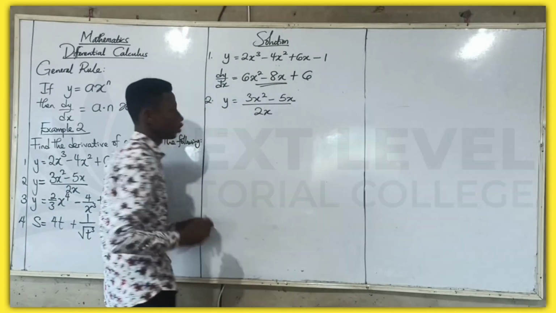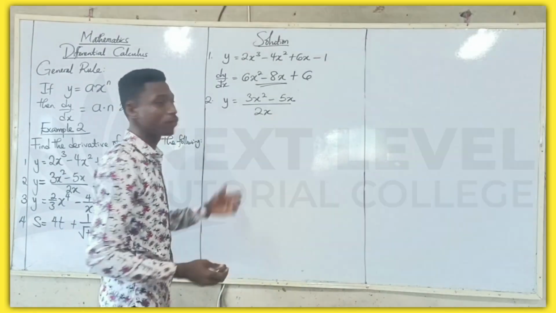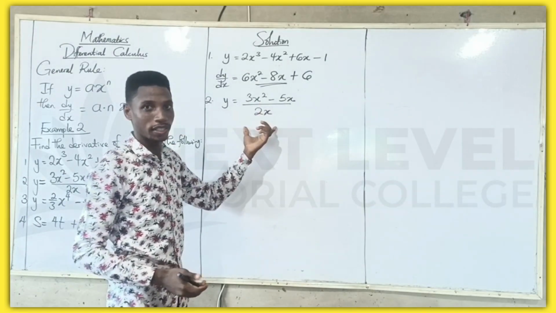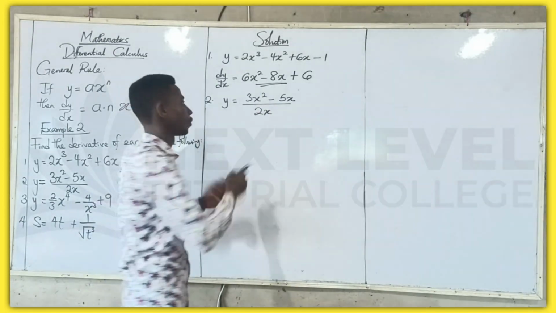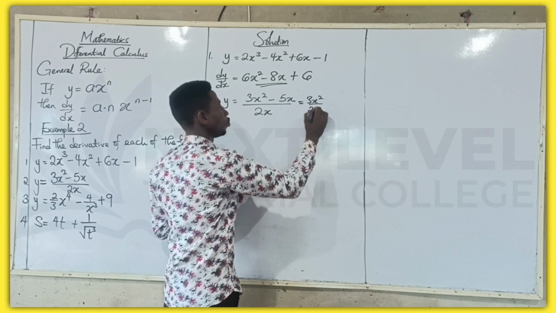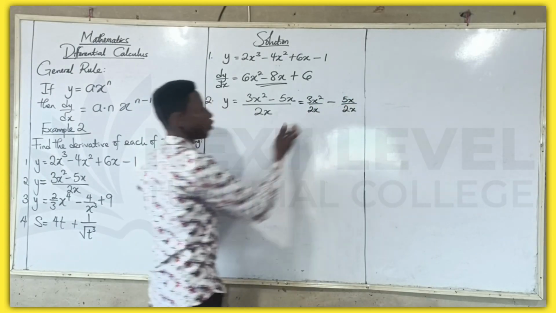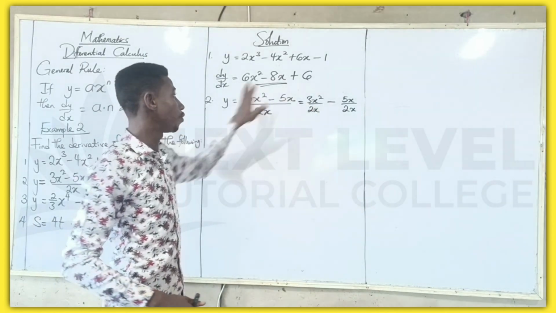But this is not going to be solved that way because you just have 1 term here. And the beautiful thing about having just 1 term in the denominator is that you can split it for the two of them. So this can be written as 3x squared over 2x minus 5x over 2x.